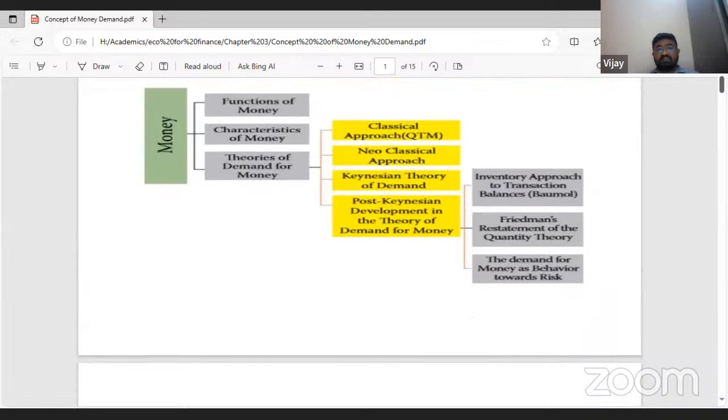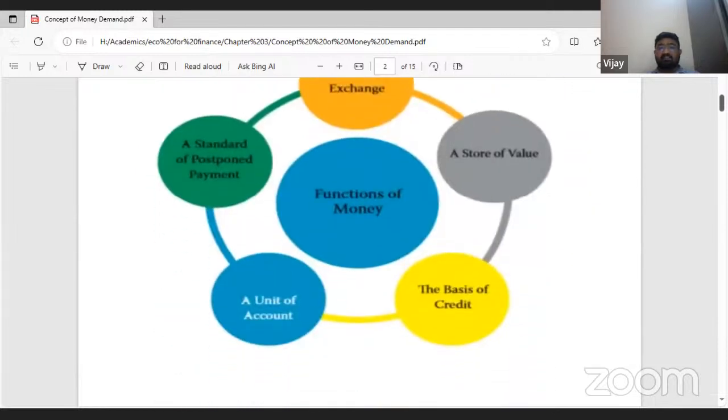The post-Keynesian theory: inventory approach to transaction balance, Friedman restatement of quantity theory, and demand for money as behavior towards risk. So the classical approach states that demand for money is for the transaction purpose.